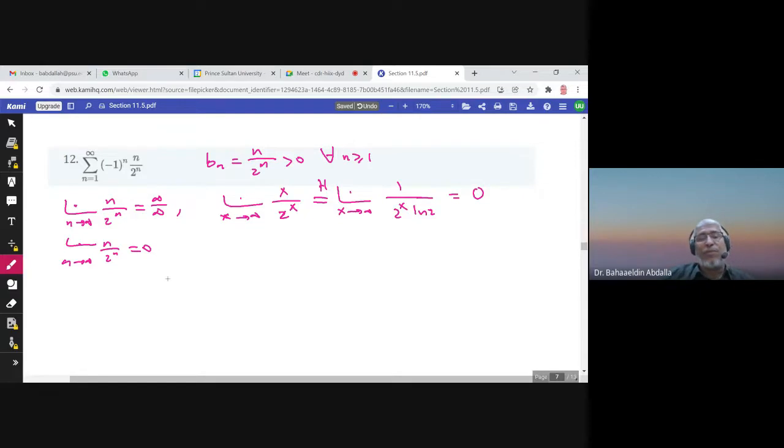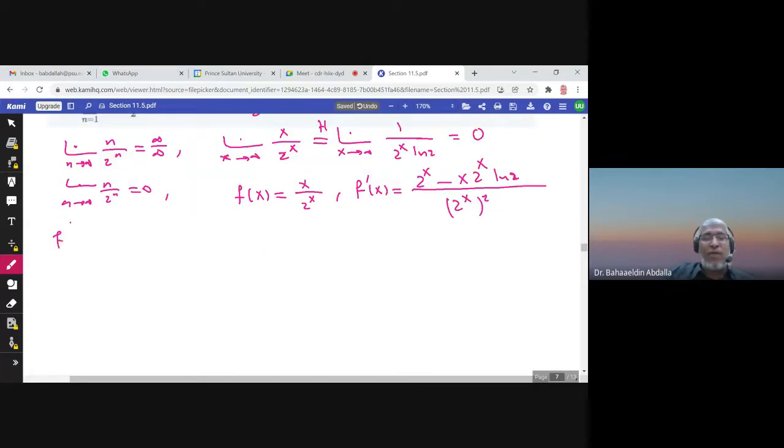Okay. What about decreasing? We need to discuss the function f of x equals x over 2 to the power x. What is the derivative? I have 2 to the power x to the power 2. Derivative of x is 1 minus x times the derivative of 2 to the power x, which is 2 to the power x times ln 2.